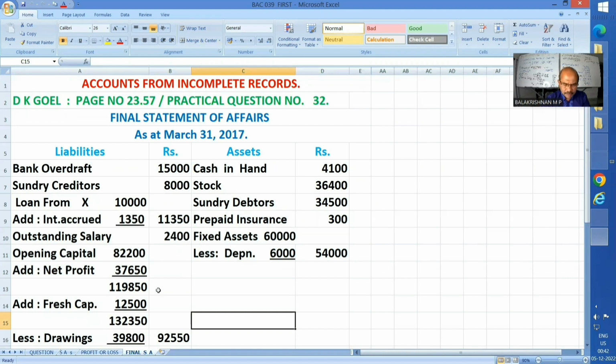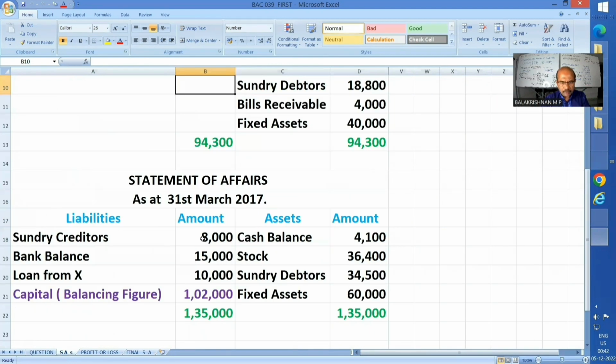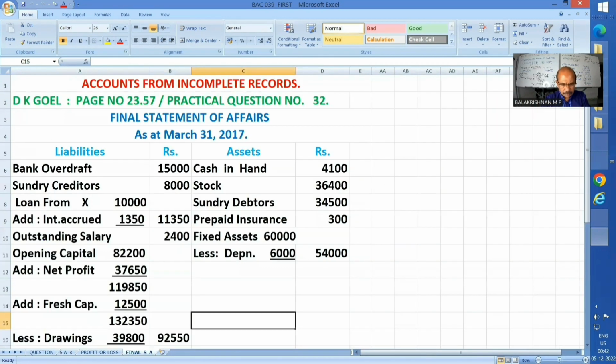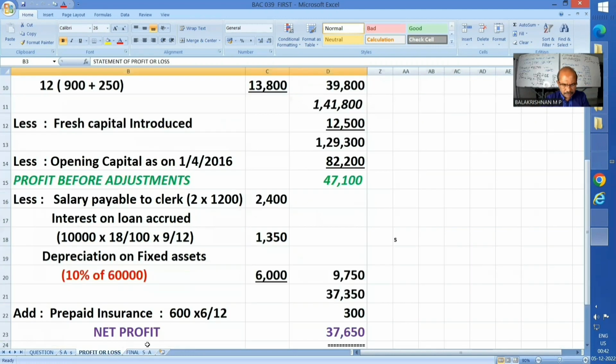Now, as I had mentioned in my last episode, capital will be prepared in the conventional way, as is done in case of a double entry system of accounting. Starting with opening capital 82,200. Then add net profit 37,650.